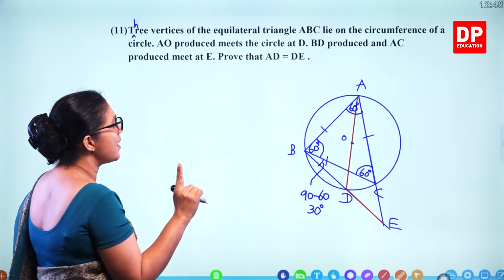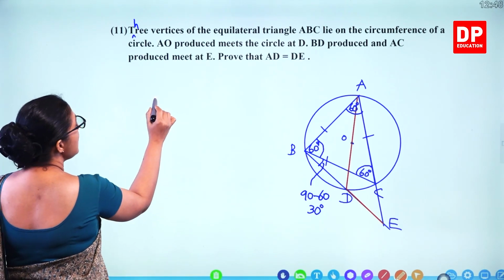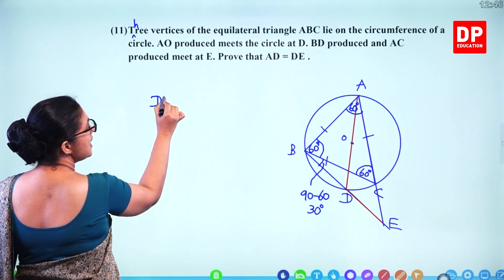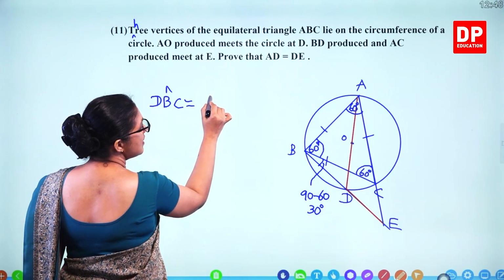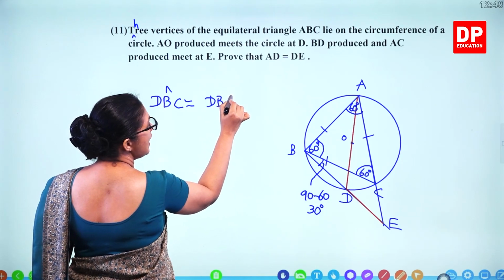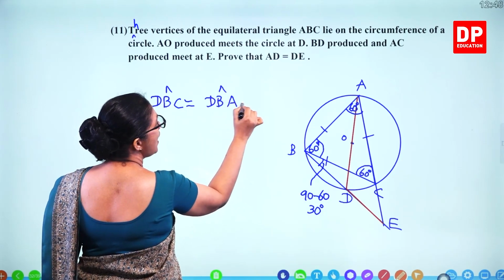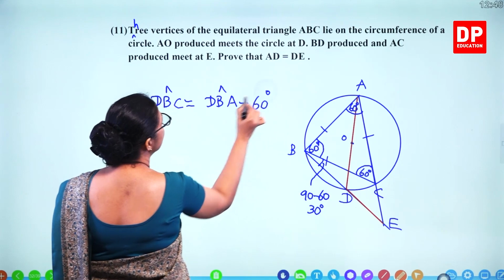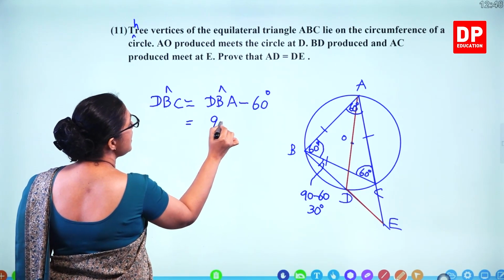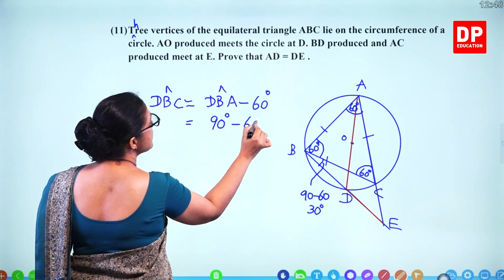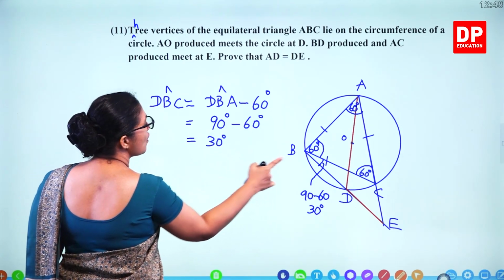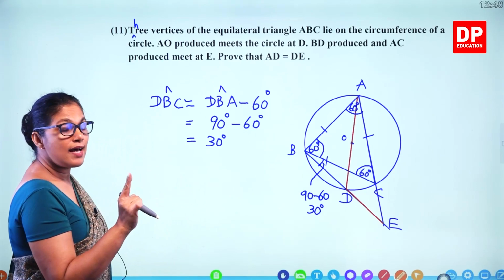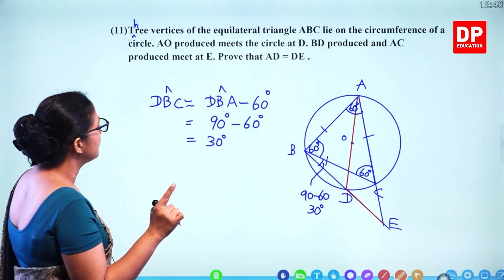So first we'll write that. DBC angle is DBA angle minus 60 degrees. So this is 90 minus 60, that's 30, because semicircle angles are equal to 90 degrees.